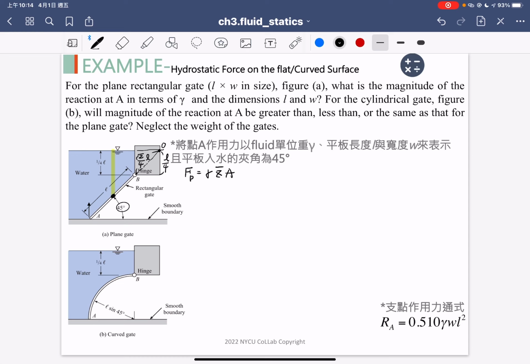Okay, so here I know the length along the vertical line. The Z bar should be equal to 4/1L, this length. And how about the length at the bottom?